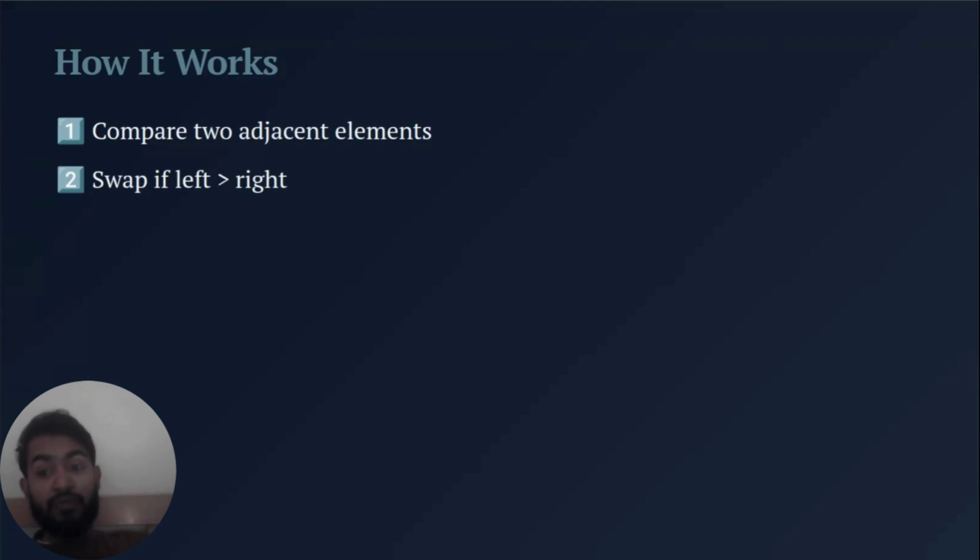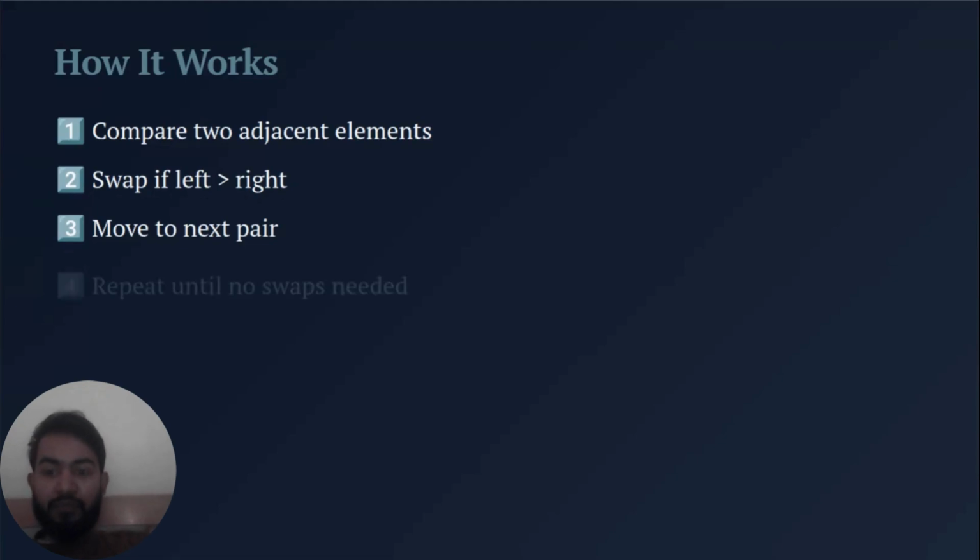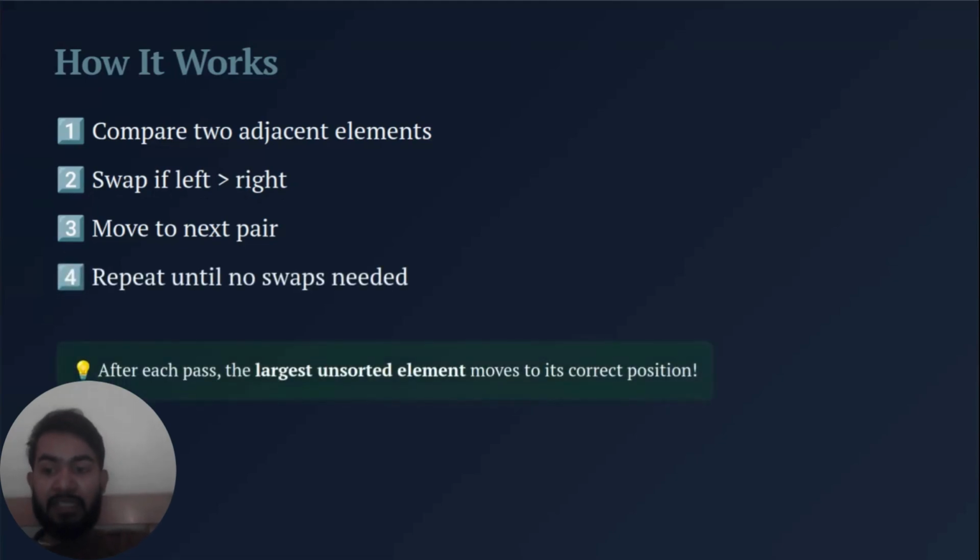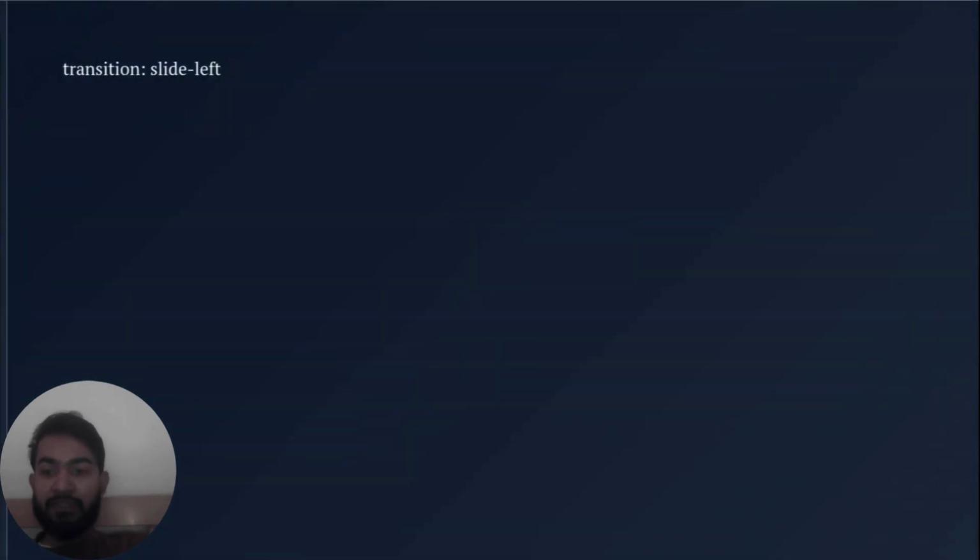If it is true, then it swaps their positions. The comparison starts from left to right. Then it moves to the next pair and repeats until no swaps are needed. After each pass, the largest unsorted element moves to its correct position.